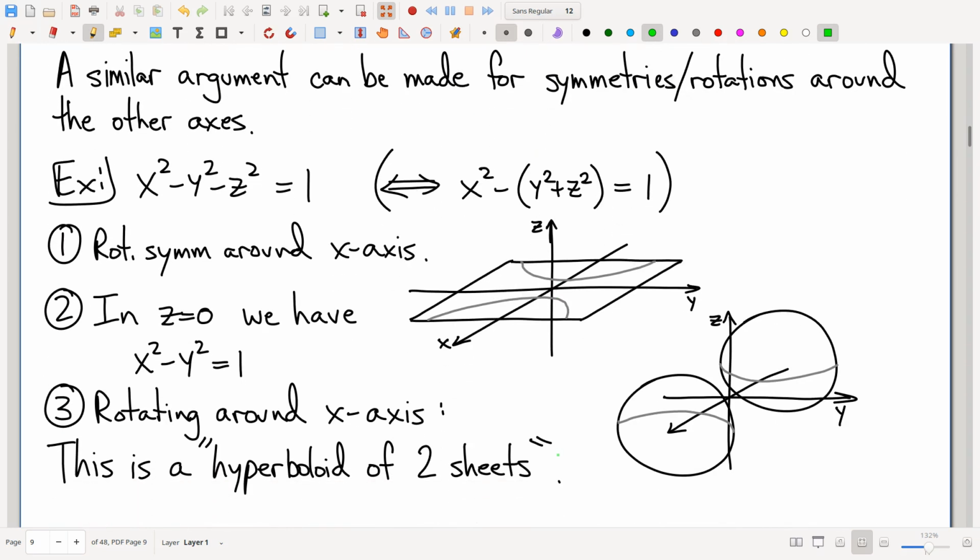Now, in this next example, I'm going to make an analogous argument. I'm going to leave the details of thinking through the claims that I'm going to make as an exercise for y'all. Suggested exercise, you don't have to turn it in.